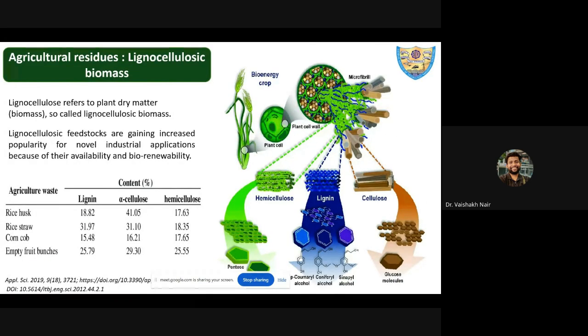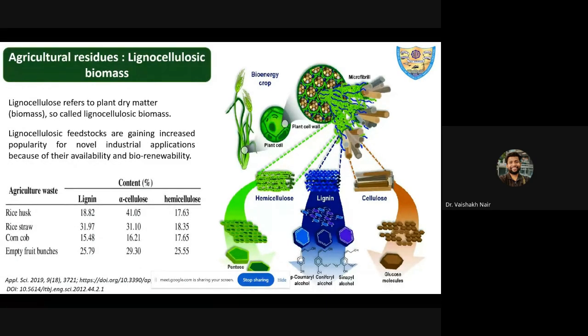Now coming back to the actual listing, as I stated, agricultural residue, lignocellulosic biomass. So you will see that it is made of lignin. The residue is also termed as lignocellulosic biomass because of the components. So as I stated, there are three different components. There is hemicellulose, lignin, and cellulose, and cellulose and hemicellulose are already well-known raw materials for making ethanol in biorefineries.